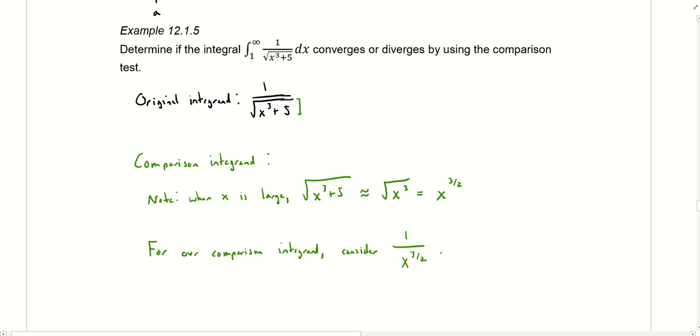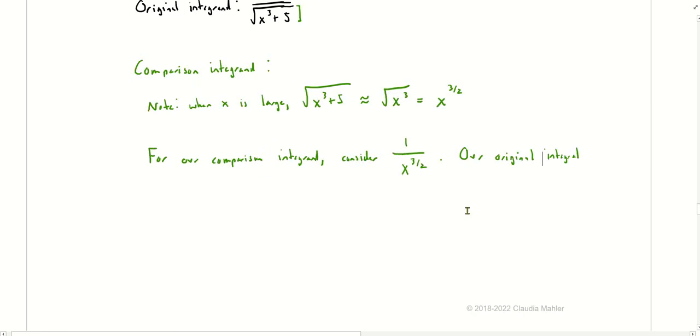Our original improper integral should behave similarly to the improper integral of this. So our original integral should behave like the integral from 1 to infinity of this comparison integrand.